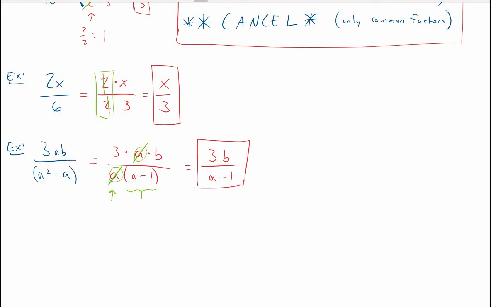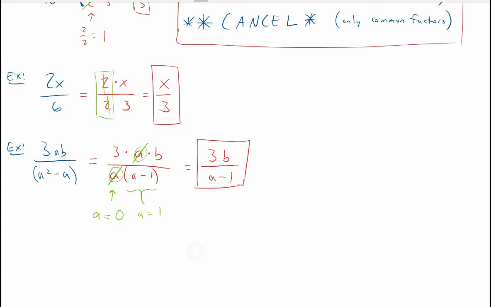So what that means is, if a were equal to 0 here, my expression would be undefined. Or, if a were equal to 1 in this factor, my expression would be undefined. So when we just talk about rational expressions, we in fact want to exclude any values of the variable that cause the expression to be undefined.